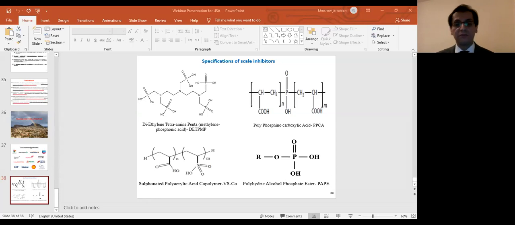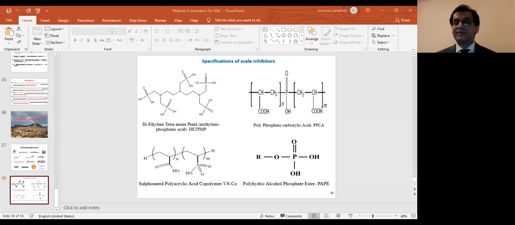Is there any chemistry which can be considered green and with a good retention in rock simultaneously? I have presented VS-CO. I can say it's a green chemistry, green scale inhibitor. It has a good retention, but it's not as good as, for instance, PPCA. It's not as good as polyhydric alcohol phosphate ester, for instance.